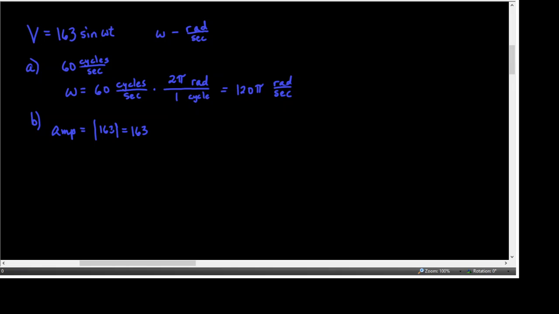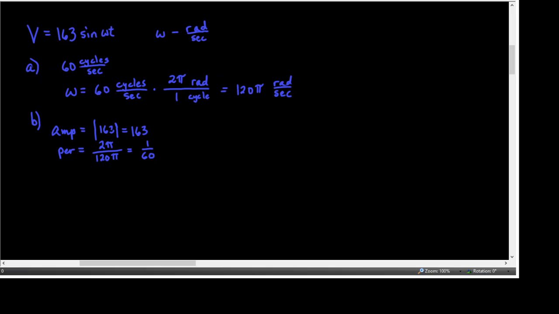The period is 2 pi divided by omega, which is the number in front of t, our variable. So that's now known to be 120 pi, and that simplifies to be 1/60th.